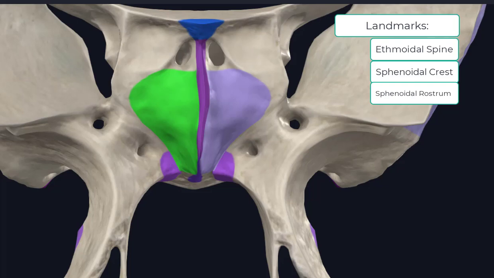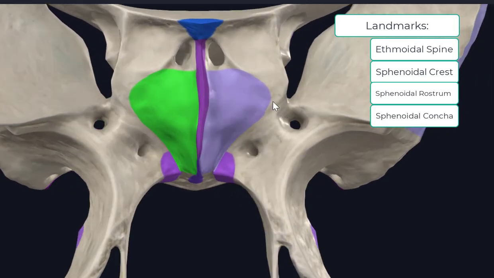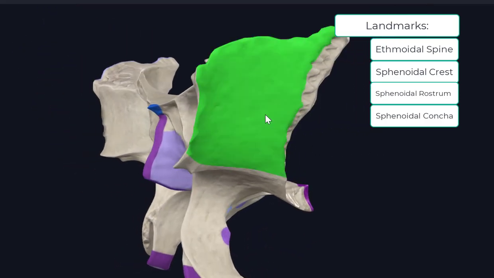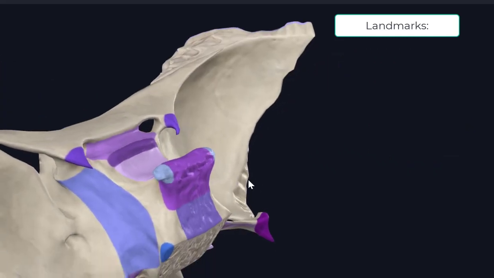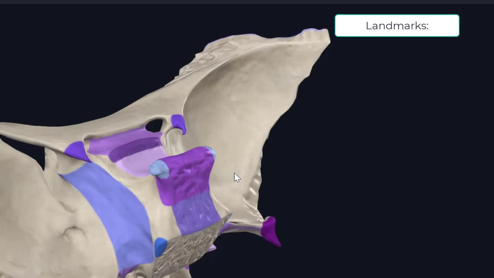Lateral to each side of the sphenoidal crest, we have the sphenoidal concha. Each sphenoidal concha is located lateral to the sphenoidal crest and contributes to the formation of the anterior wall of the sphenoidal sinus. Let's turn laterally and we can distinguish the temporal fossa. Posteriorly, we can distinguish beautiful structures here, especially on the body and on the sella turcica.